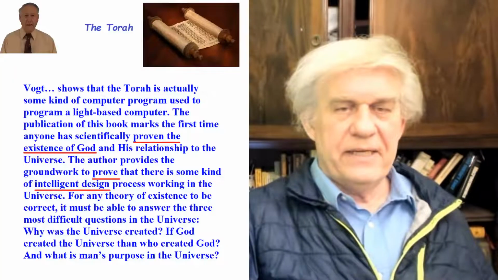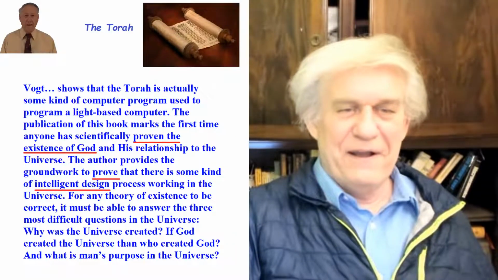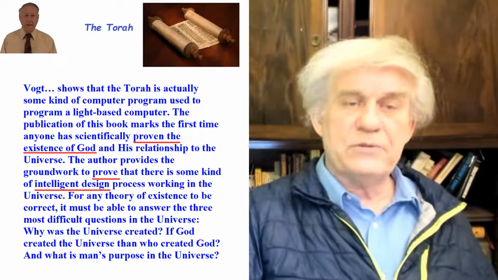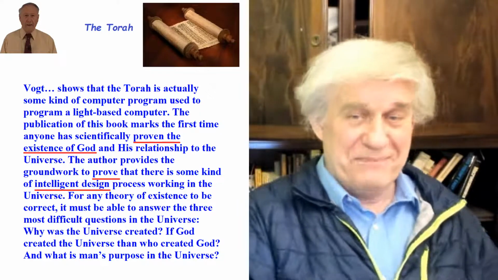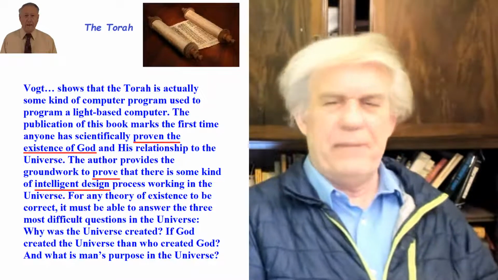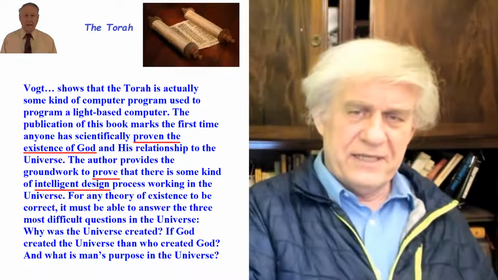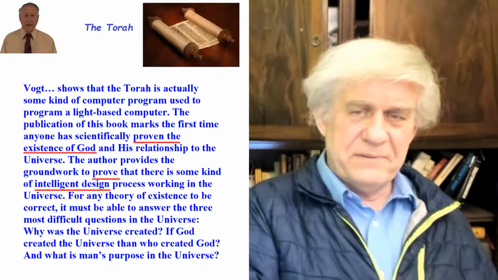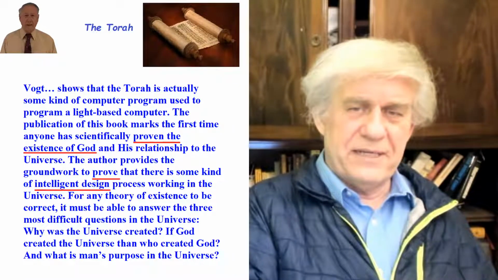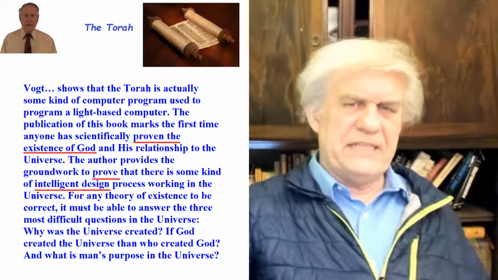Okay, so let's continue here. And so we still have the scrolls there, the Torah scroll. Vogt shows that the Torah is actually some kind of computer program. Computer program, where could he get that computer program? Maybe from this day and age? I mean, I worked in the industry for many years. And we did chips, and so this started really growing quite fast after about 1980.